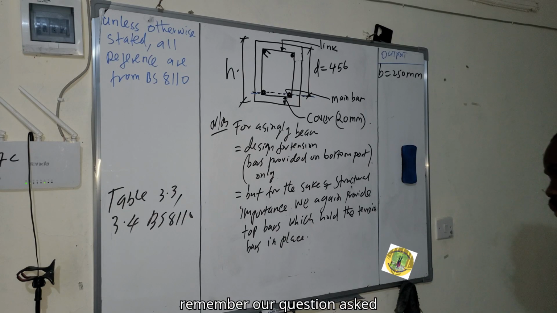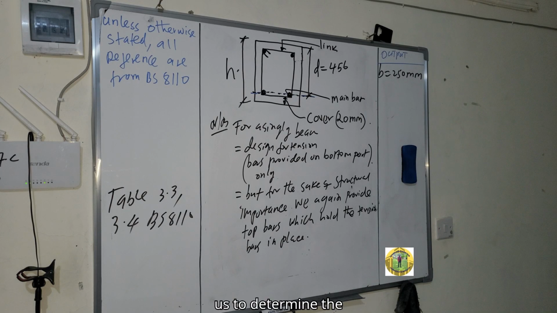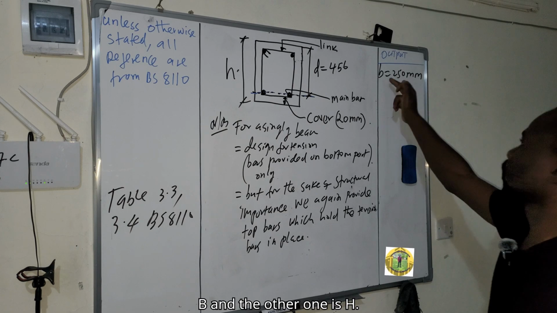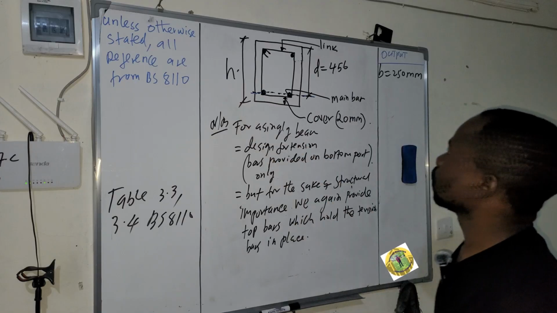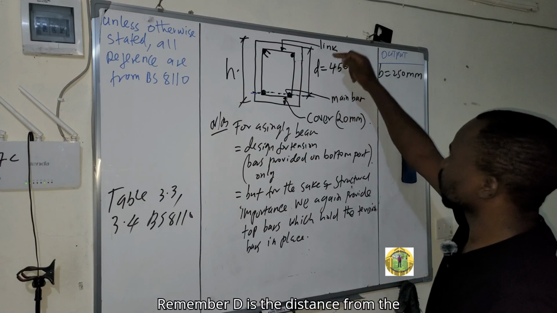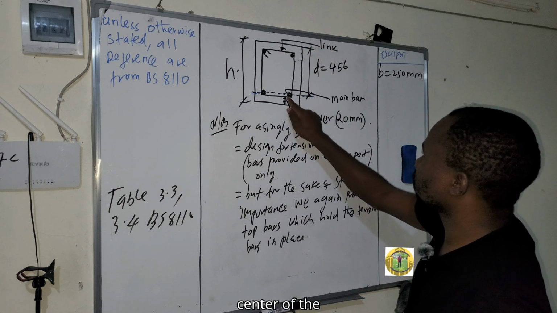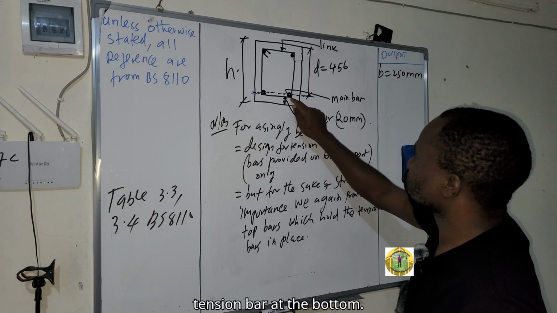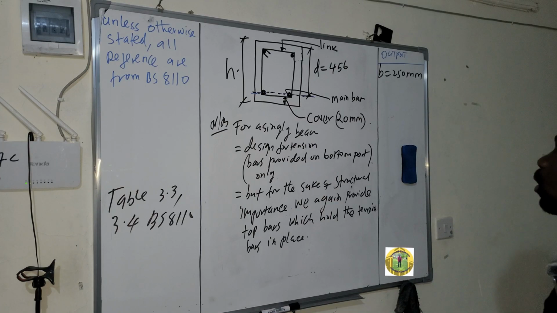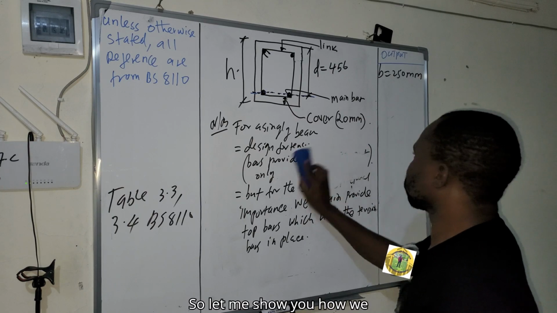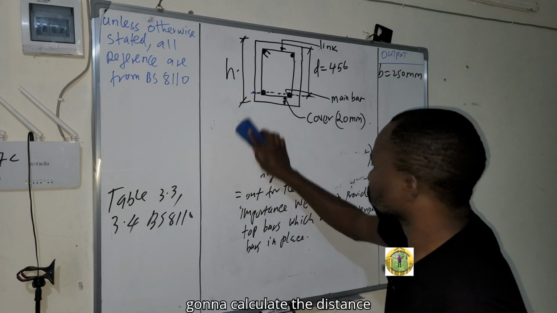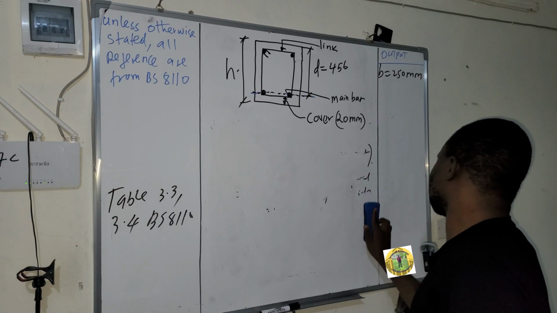So remember our question asked us to determine the dimension of this beam. The dimensions of the beam are B and H. Remember, D is the distance from the top of the beam to the center of the tension bar at the bottom. So let me show you how we are going to calculate the distance H.